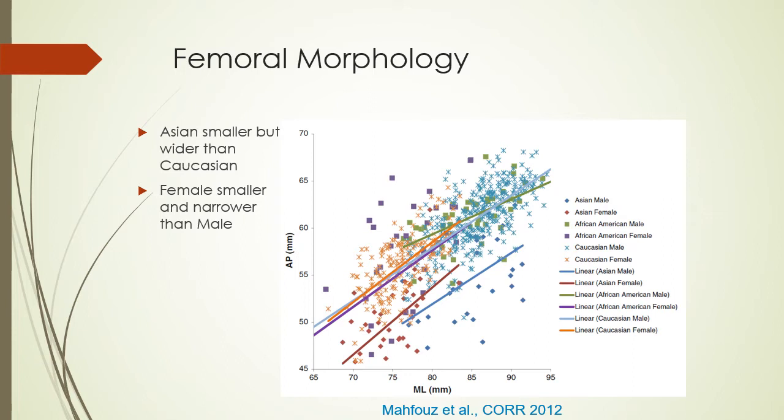As you can see across Asian, African American, and Caucasian, and across genders, we have some trends. This is not the only study. A lot of studies have shown that Asian knees are generally smaller but wider than Caucasian knees, and female knees are generally smaller and narrower than male knees.